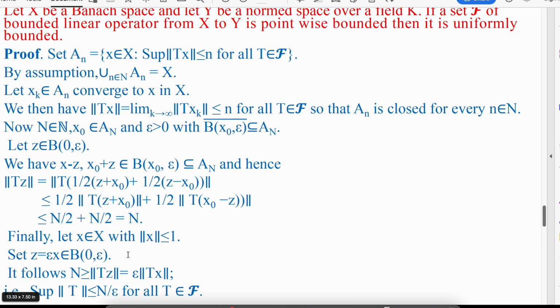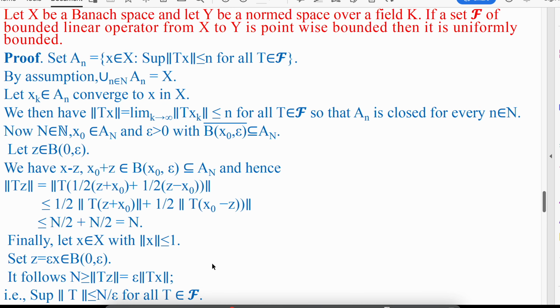Shifting this epsilon to this side, the supremum of norm T is less than or equal to n upon epsilon for all T belonging to F. So it means if a set F of bounded linear operators from X to Y is pointwise bounded, then it is uniformly bounded.